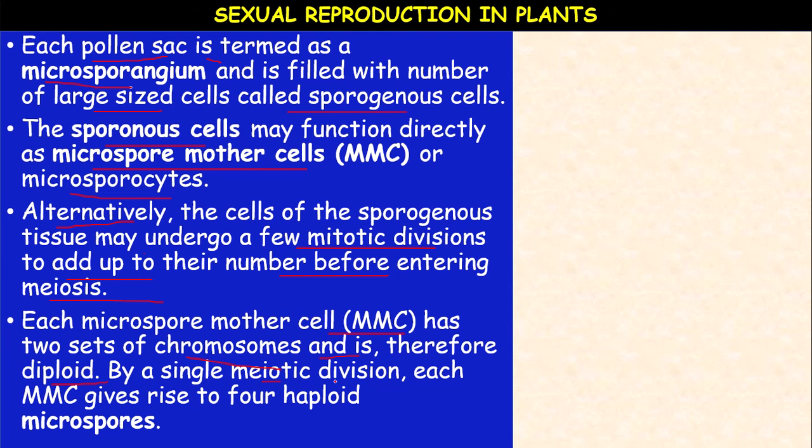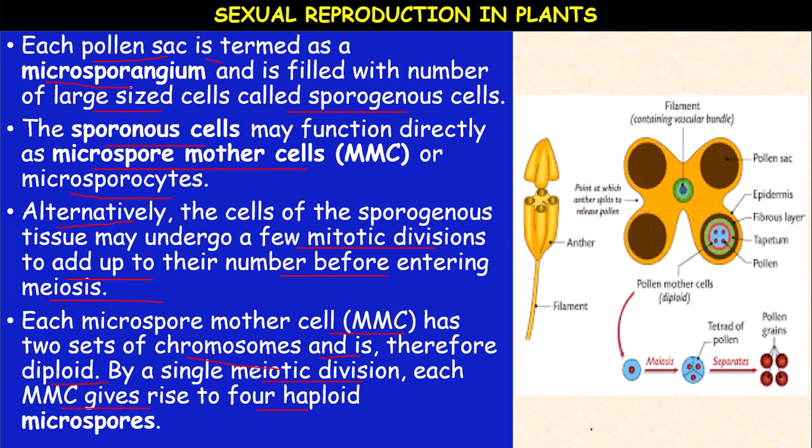By a single meiotic division, each MMC gives rise to 4 haploid microspores. So, after mitosis, these microspore mother cells are formed with 2 sets of chromosomes. After that, mitosis followed by meiosis, a single meiotic division. It is also called reduction division, and each MMC gives rise to 4 haploid microspore cells.